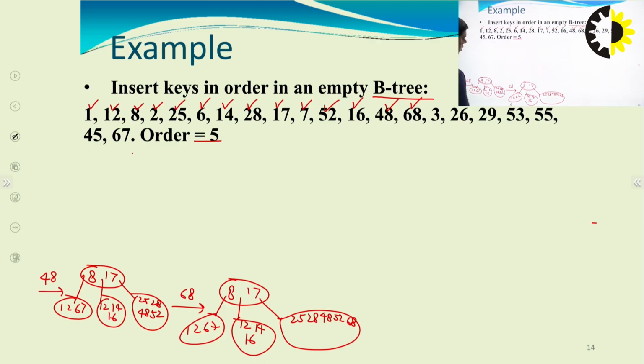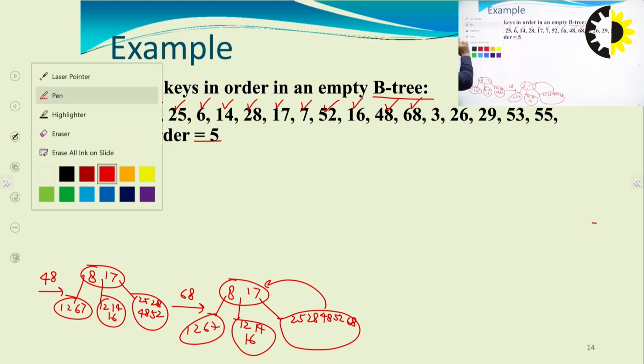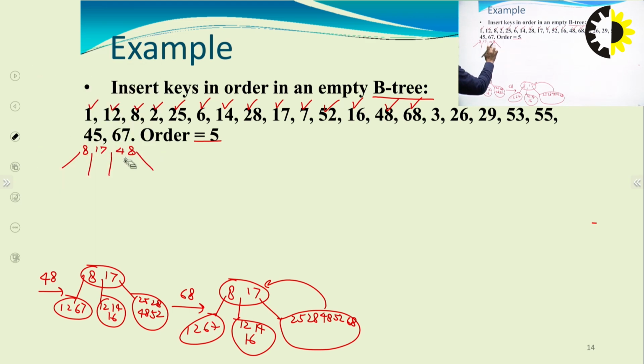Okay. Now we are going to split this node. Now it will be like this: mid value will be 48. It will go to the root node, that will be 8, 17 and 48. Now here 3 keys, children will be like this.